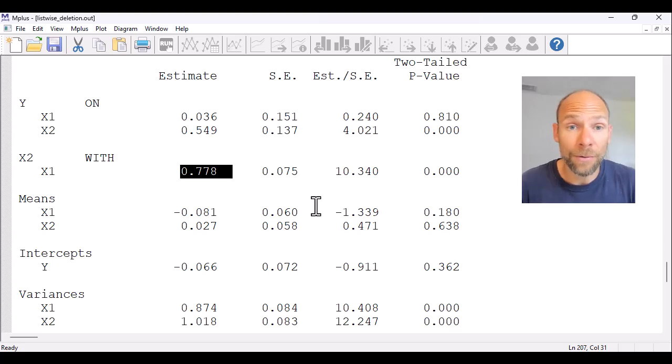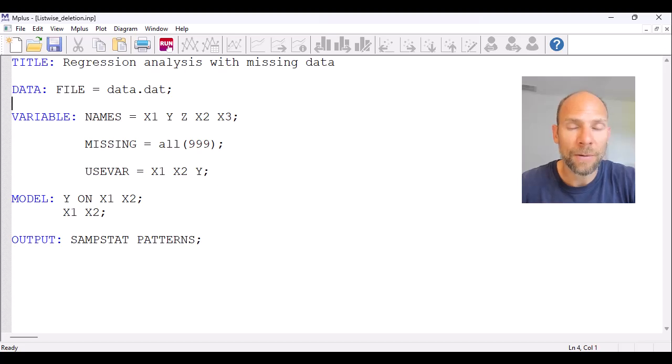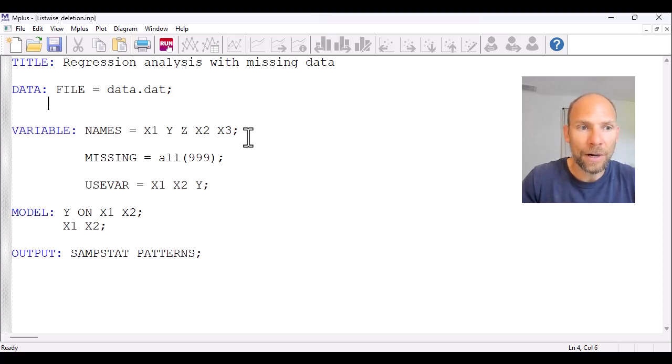Now, this video really is about listwise deletion, and so let's go back to our syntax and take a look at how you would actually get listwise deletion and what happens in that case. So let's add a subcommand here to our data command that is called listwise.